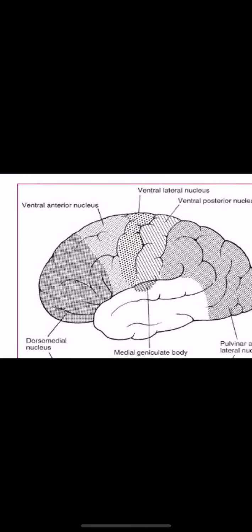For example, here we have the motor area, and here we have the sensory area of the cerebral cortex. So the thalamic nucleus concerned with the motor activity is called the ventrolateral nucleus, and those concerned with the sensory activity are called the ventroposterior nucleus.